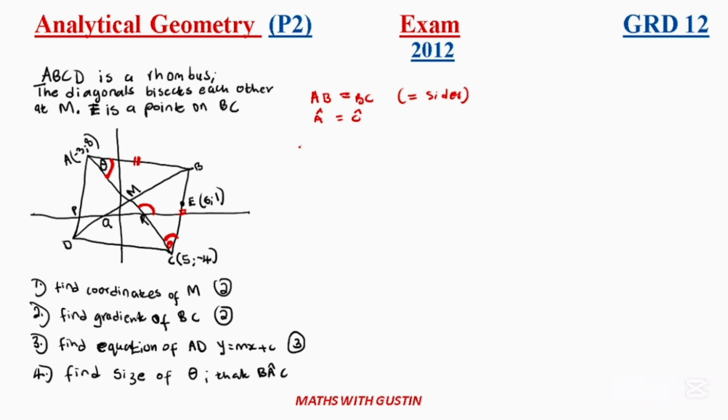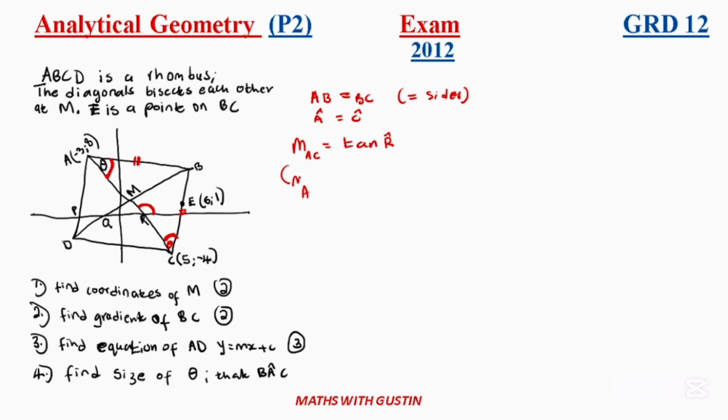Remember guys, the gradient of AC is equal to tan r, which is our angle of inclination. So let's find the gradient of AC.